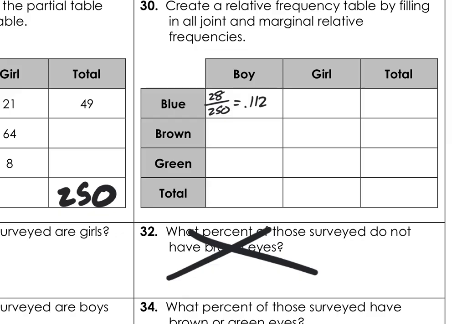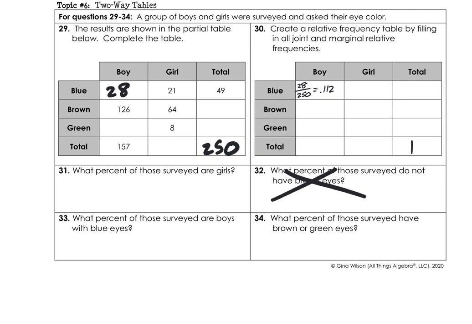And remember, whenever you do this relative frequency, and the bottom right-hand box, all of your percentages should add up to be 1 when you're done. Then you're just going to use those two boxes to answer the questions on the bottom, depending on what situation is being asked.